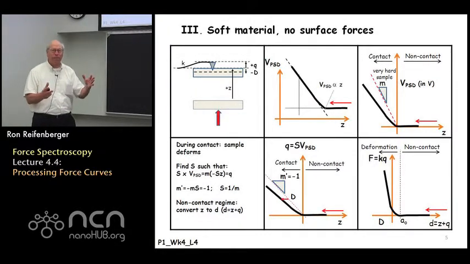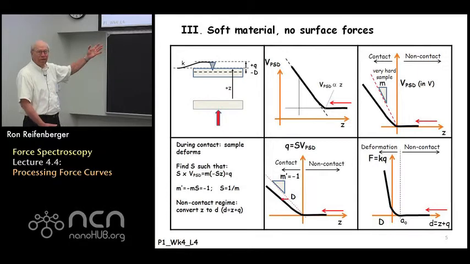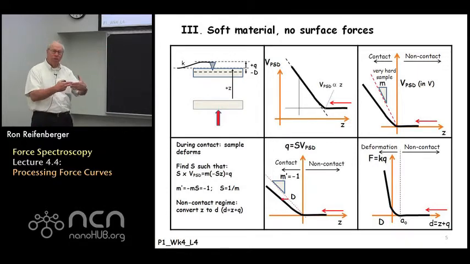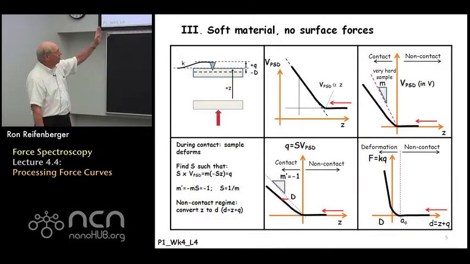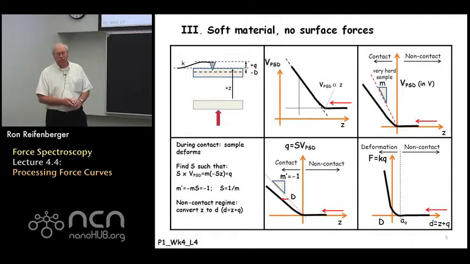Tip sample gap is basically fixed at A0, right? You can't push the tip any closer to the substrate than this parameter A0. But if the tip indents into the substrate, then you can display that on this plot, and that's actually what's done here. So that's a real quick overview of how you have to think your way through these experimental data for different situations.